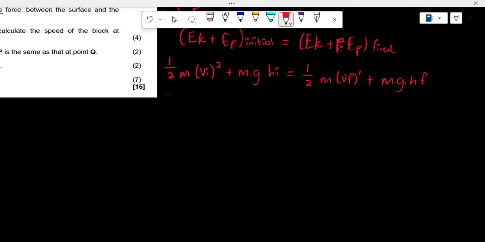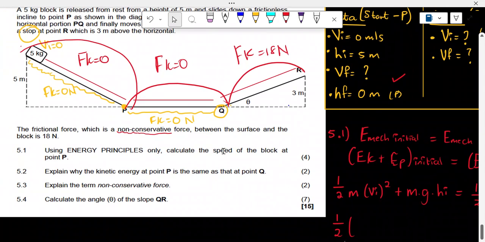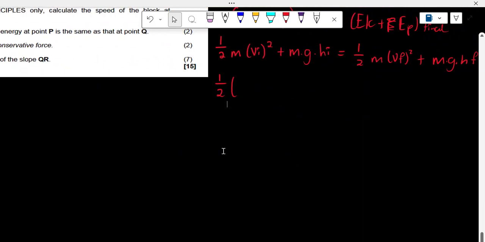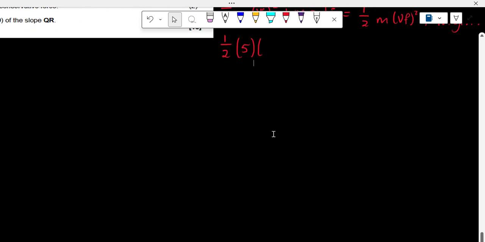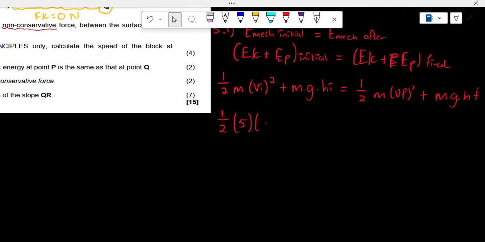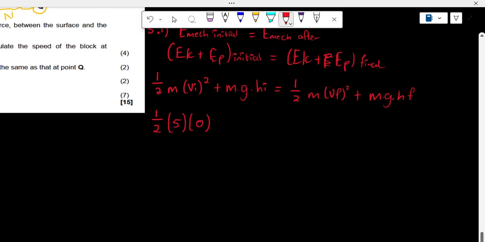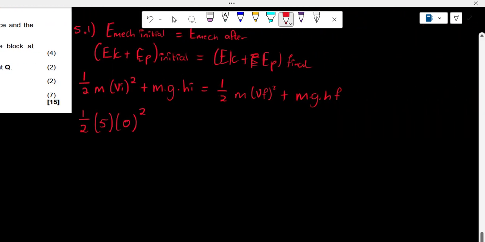We know the mass of this object is 5 kilograms, and the initial velocity, from P to Q, is 0. So that's 0 squared, plus the mass of 50 times 9.8 times the initial height, which is 5 meters.